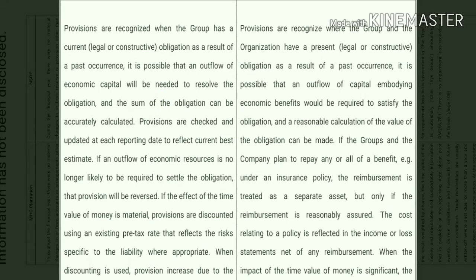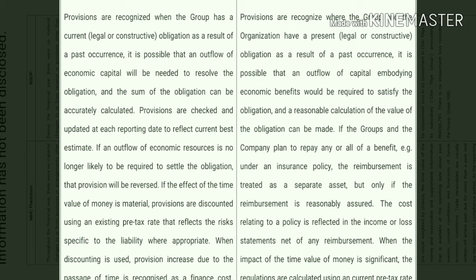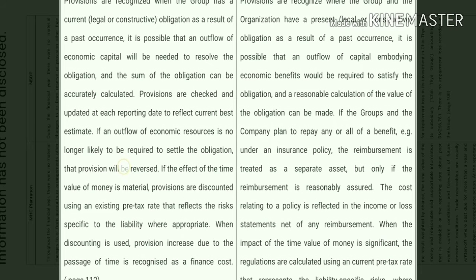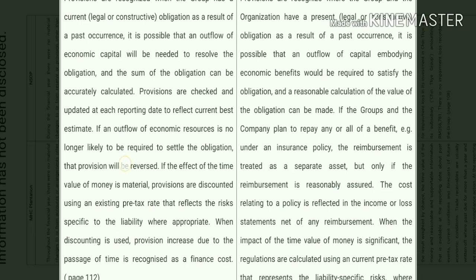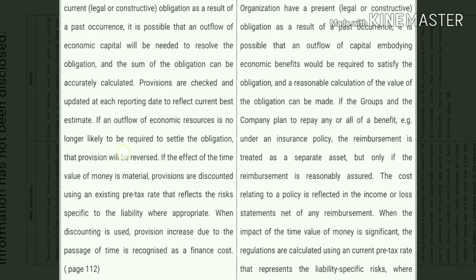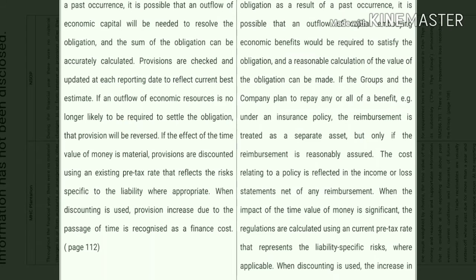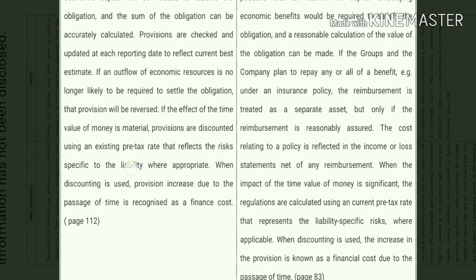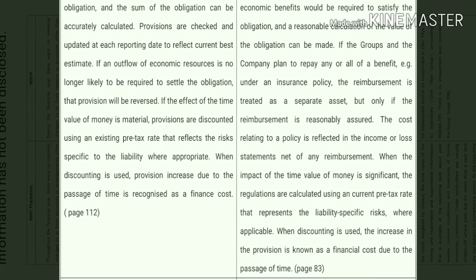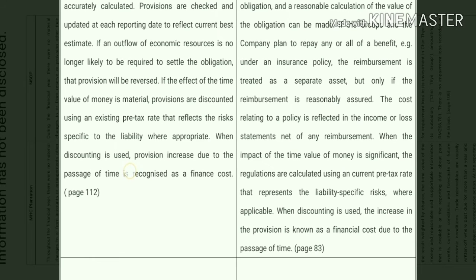So for Negeri Sembilan Oil Plantation, provisions are recognized where the group and the company have a present obligation as a result of a past occurrence, where it is probable that an outflow of economic benefit will be required to satisfy the obligation, and a reasonable estimate of the value of the obligation can be made. If the group and the company expect reimbursement of any or all of the expenditure under an insurance policy, the reimbursement is treated as a separate asset, but only if the reimbursement is virtually assured.